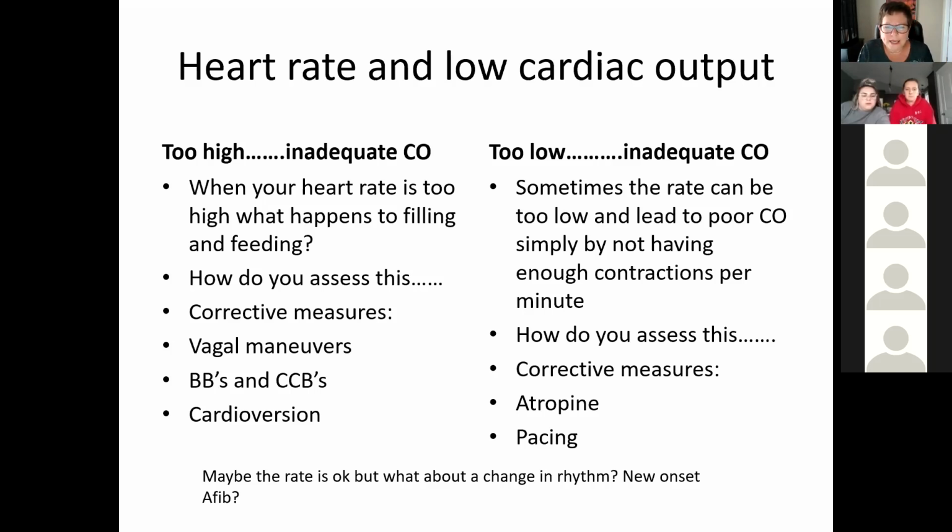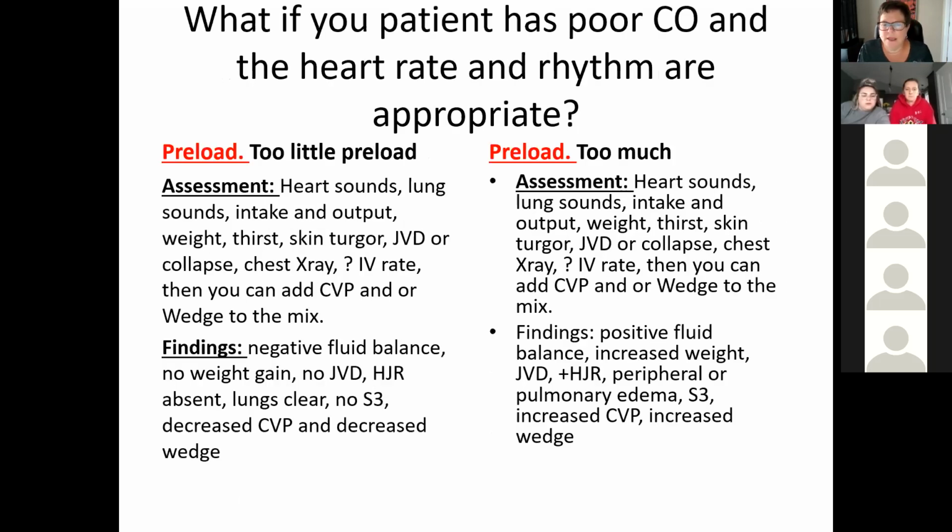So how do I assess this? If I have too little preload, I'm going to listen to my heart sounds. I'm going to listen to my lung sounds, my intake and output. I'm going to determine if he's thirsty. What's his weight? What's his skin turgor? What's his jugular venous distension like, or are his jugular veins flat?